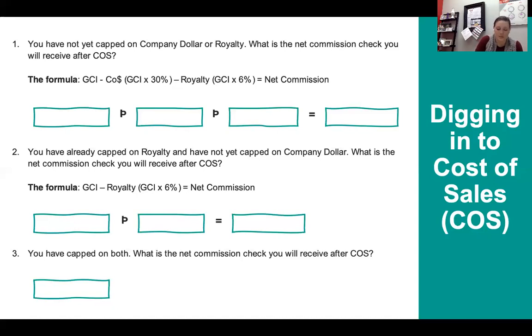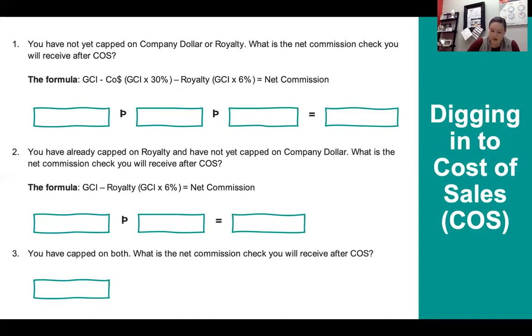So then we go back to the top: 4,500 minus 1,350 minus 270 equals $2,880. That would be your net commission from a closing where the price point was $150,000. That was the closing price.